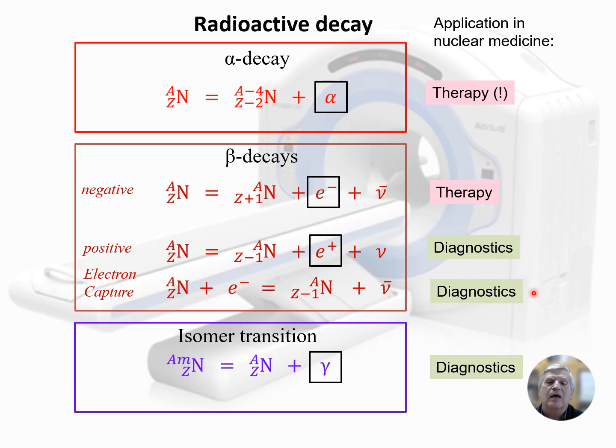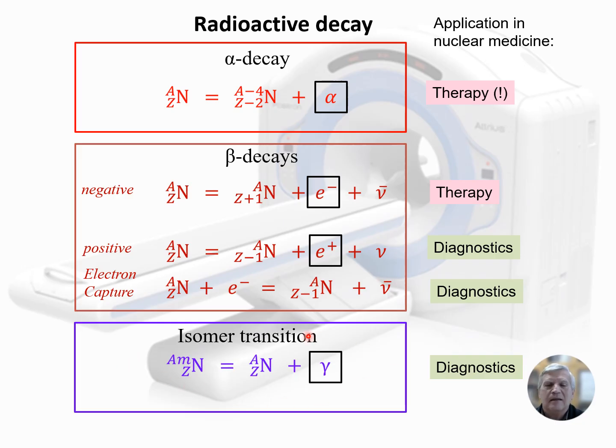The truth is that once you have this electron capture, that means that an atomic electron will be absorbed by the nucleus. Therefore, if you have one missing electron from one of the electron shells of the atom, then this electron vacancy will be filled from another shell by another electron, and when that happens, you will have an emission of so-called characteristic X-rays, and these X-rays can be detected, and that's why such type of nuclides can be used for diagnostics.